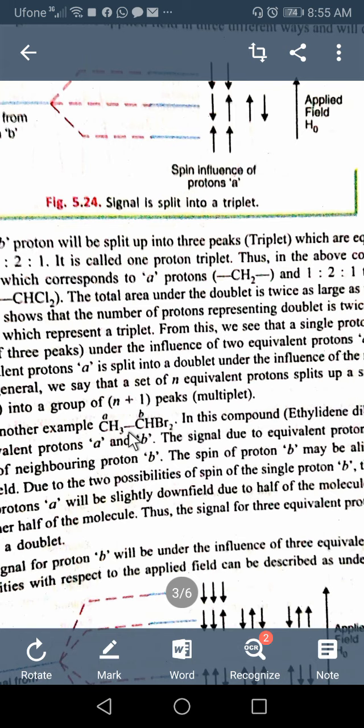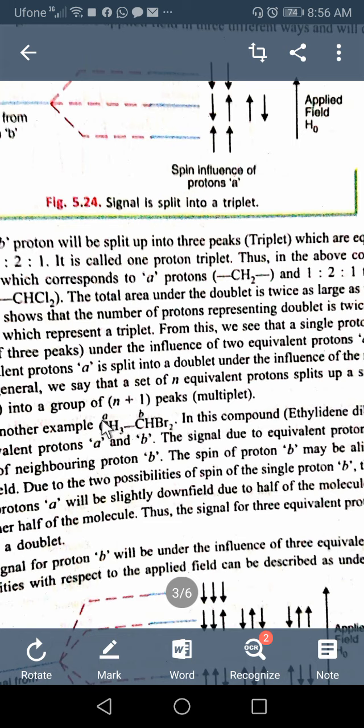Here two non-equivalent sets of protons are present, so two peaks will be given by this compound in the NMR spectrum. Out of these two peaks, these three protons are represented by A protons, and this one proton is represented by B protons.